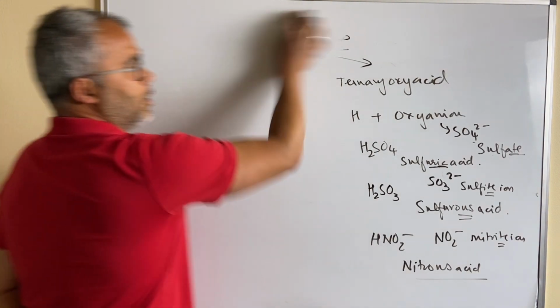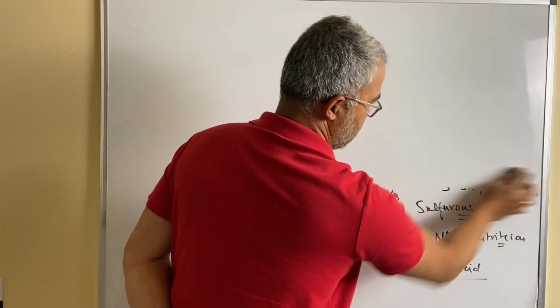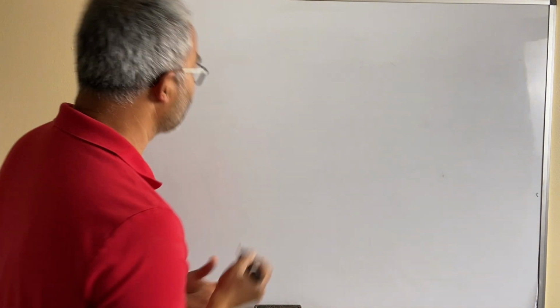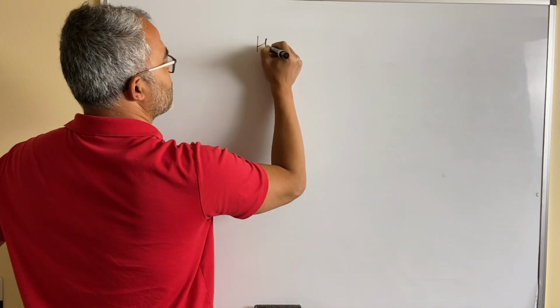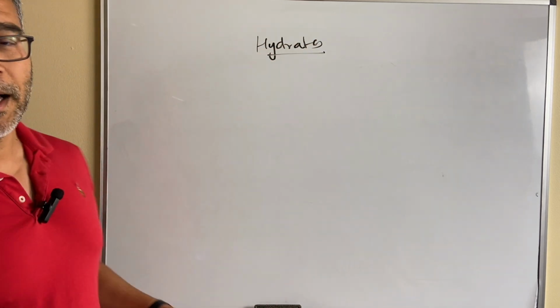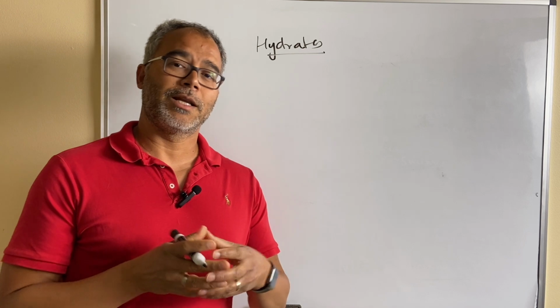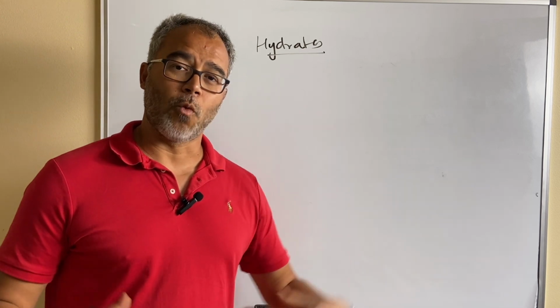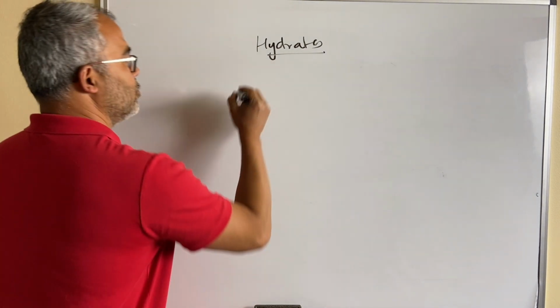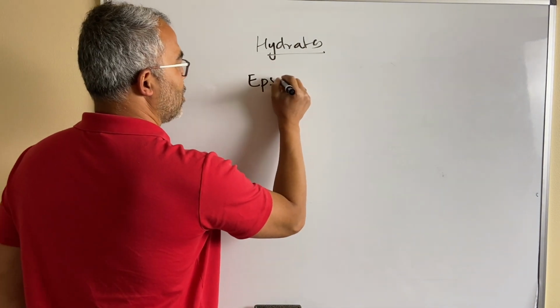Let's wrap up this discussion by talking about how to name hydrates. Okay. How do you name hydrates? A hydrate is a compound, an ionic compound, that has some molecules of water combined with it in its formula. So you might have heard of Epsom salt.